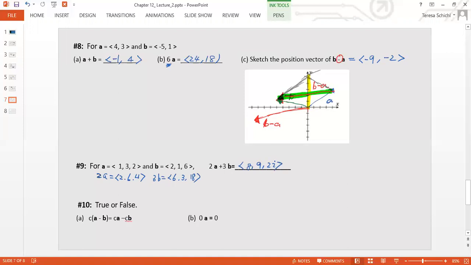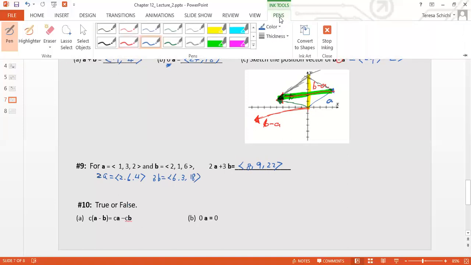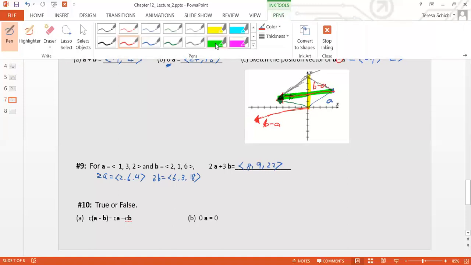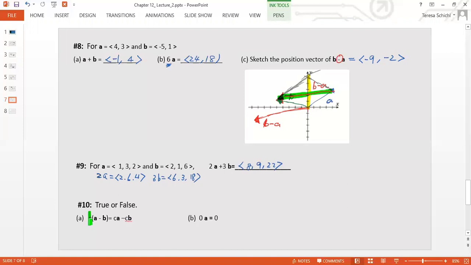I like those true and false questions, because they test your understanding. The first one is C times (A minus B) equal to CA minus CB. I notice here the C is not bold, so it's a constant, and I know the distributive property works. So this is true.